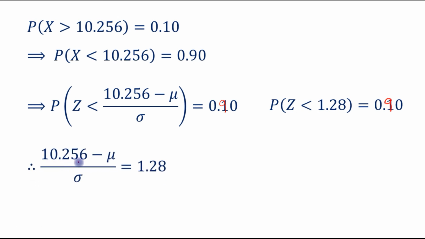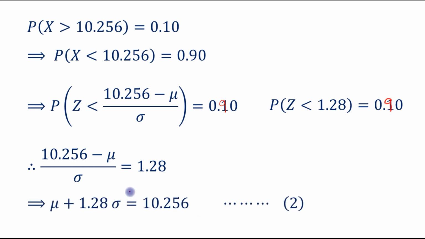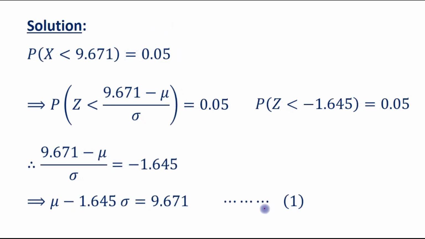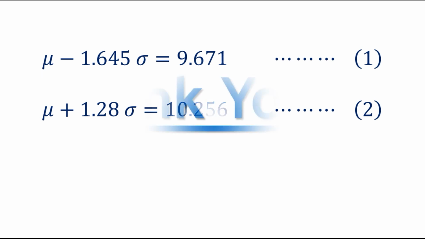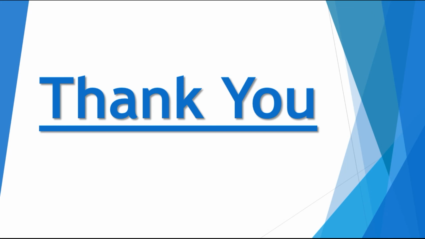So we can write 10.256 minus mu upon sigma equals 1.28, and finally after solving we will get this equation, and we will take it as the second equation. The first equation was this one. Now we have these two equations, and after solving them we can get the values for mu and sigma. Done. Thank you.